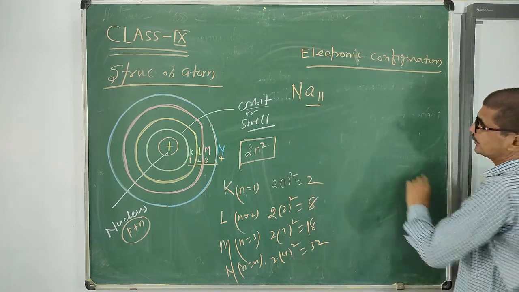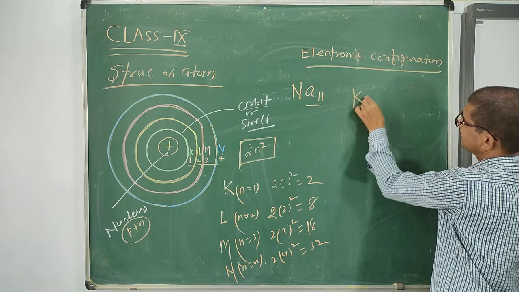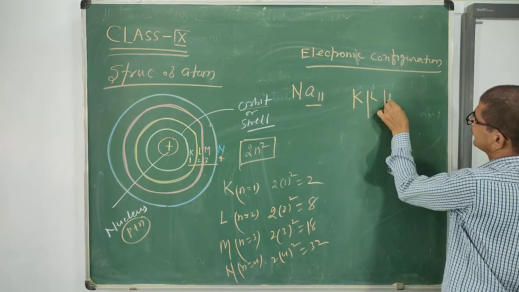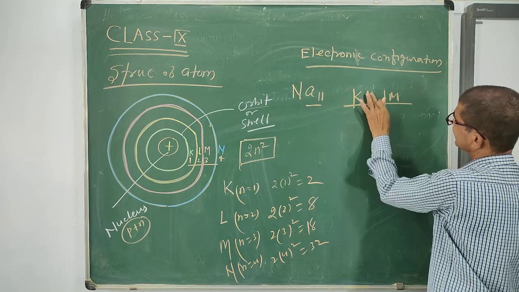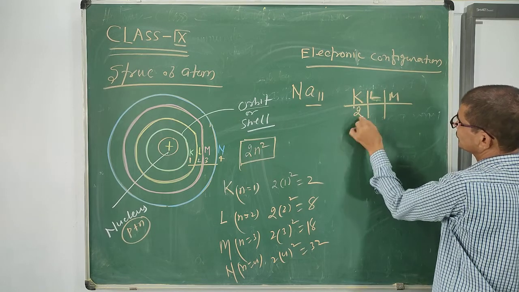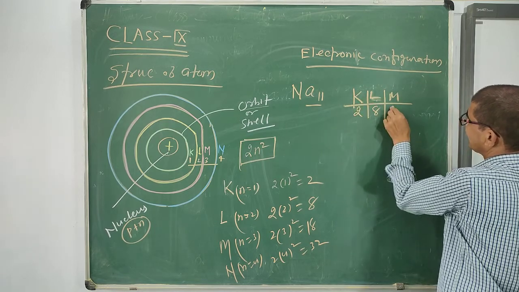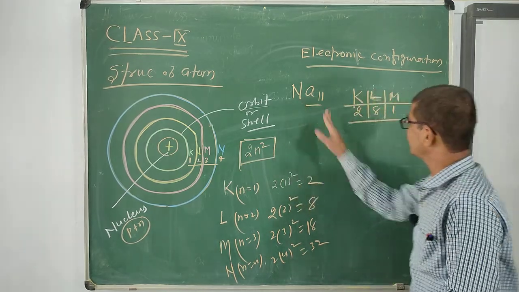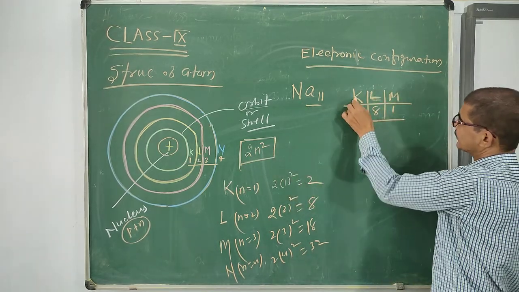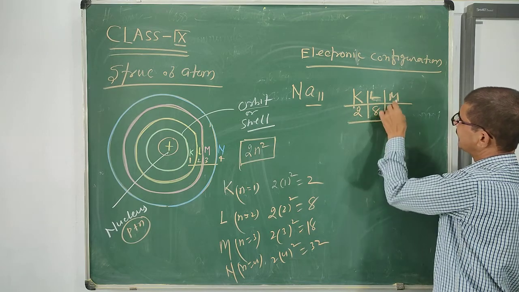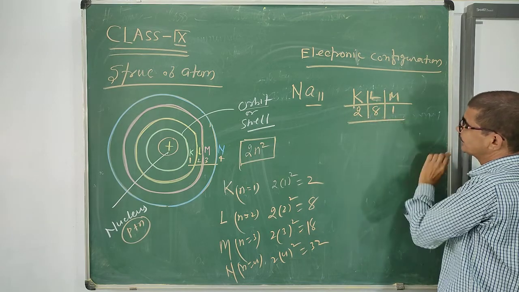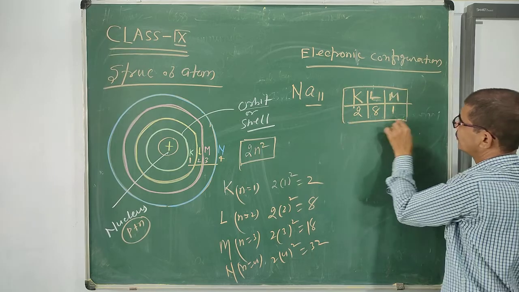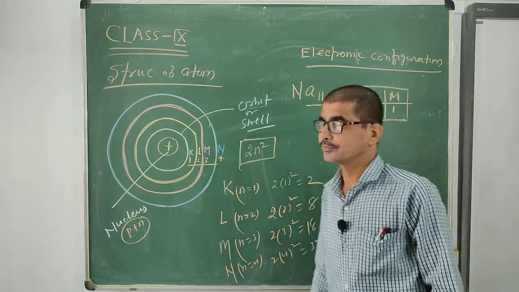So this is a way of writing the electronic configuration: K, L, M. In K shell, maximum electrons is 2, L shell is 8 and M shell is 1. Why 1? Because we have a total of 11 electrons. So 2 for K shell, 8 for L shell and 1 for M shell. 2 plus 8, 10, and 1, 11. So this is the electronic configuration of sodium.